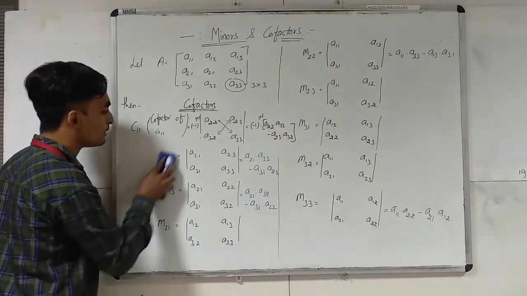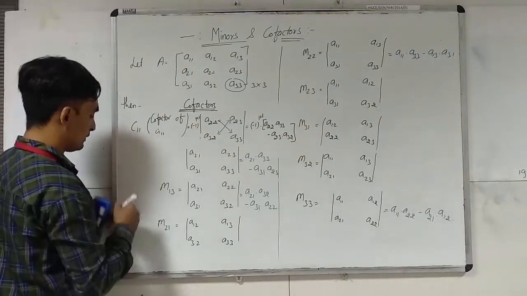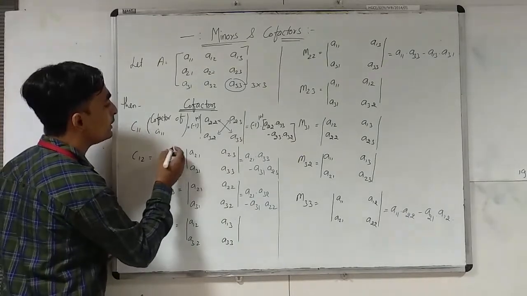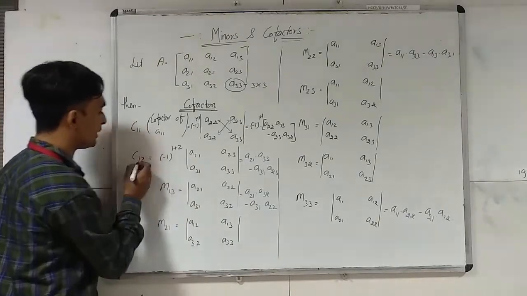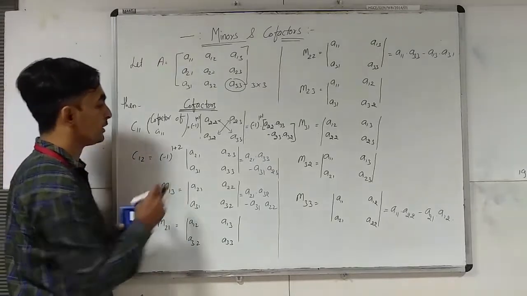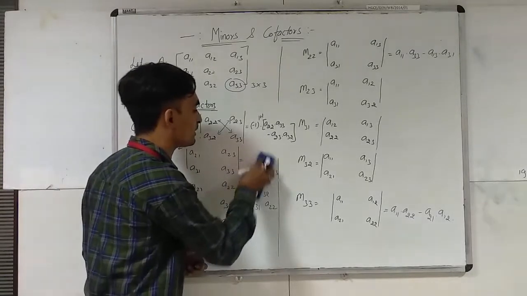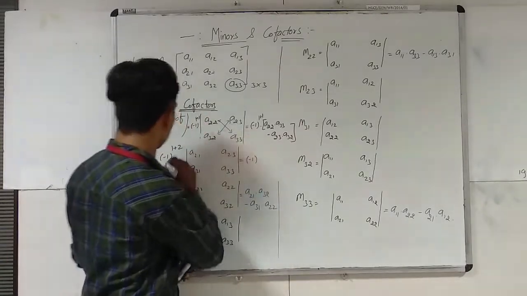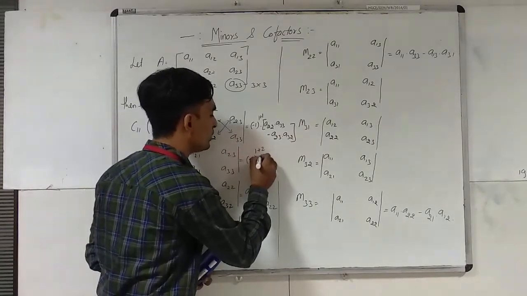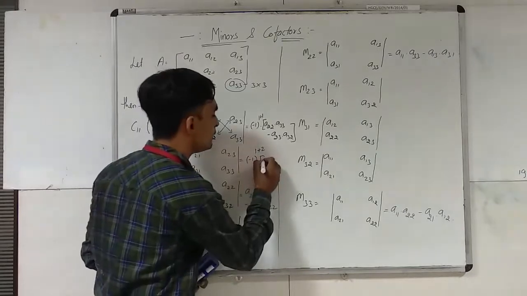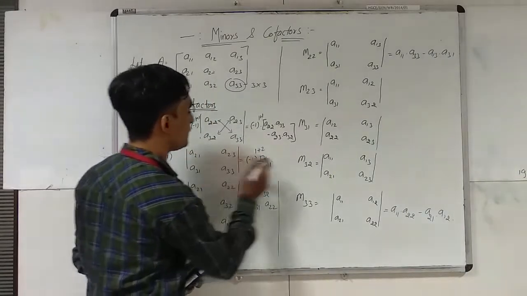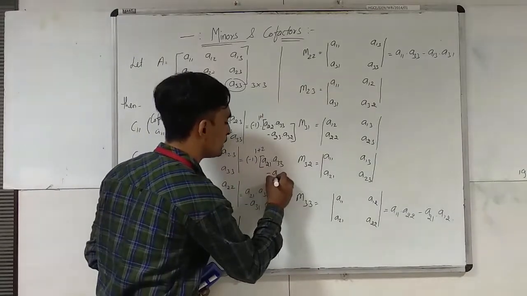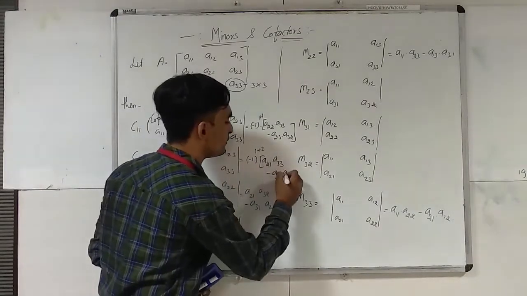Same way, C12 will be minus 1 power 1 plus 2, the address being 1 plus 2, into minor. So here it becomes minus 1 power 1 plus 2 in bracket A21 into A33 minus A23 into A31.